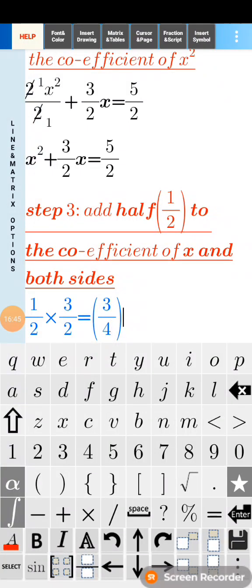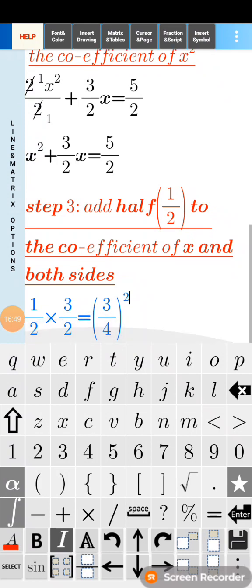So I'm having 3 over 4, raised to power 2. Now this is what I'm going to add to both sides.